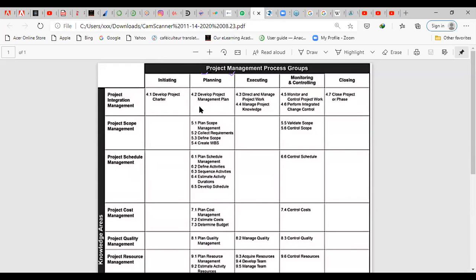We would want to develop the project management plan, which, like we said, encompasses all the subsidiary plans like the scope management plan, schedule management plan, etc. So with project integration management, you do these steps across this area: develop project charter, develop project management plan, direct and manage project work.